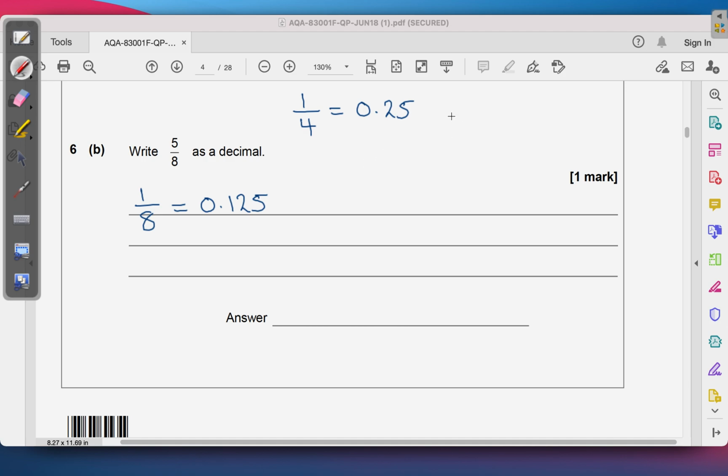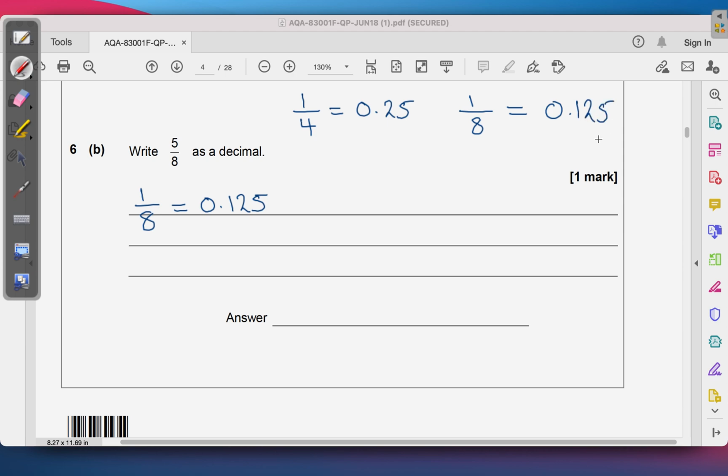To go from a quarter to an eighth, you have to divide by 2. If you imagine you have a quarter and then you split that into an eighth, you'd have to cut that quarter in half. So to go from a quarter to an eighth, we've divided by 2. So if you divide 0.25 by 2, you get 0.125.